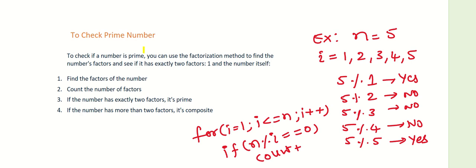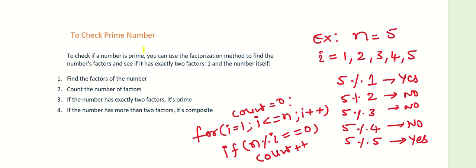We'll say that a factor is taken. Before that we have to make count equal to 0. If this count is equal to 2, then the number is a prime number. Otherwise, not a prime number.